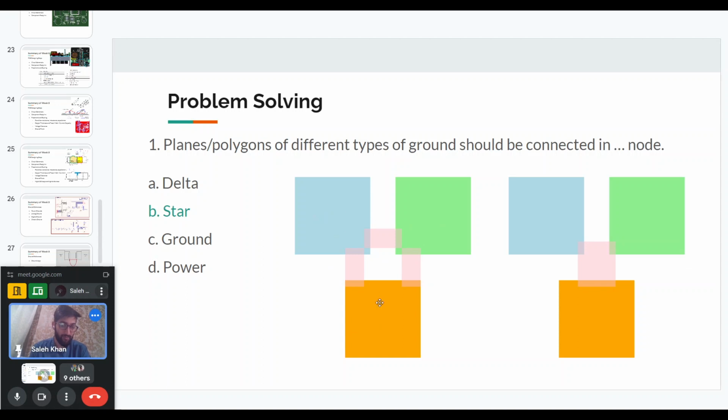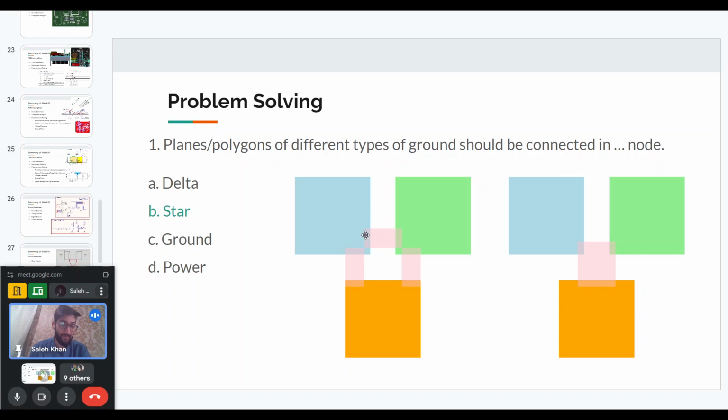That the potential in the three grounds may be different. It may also lead to ground loops that we saw. For example, if we see from the blue to the yellow, one connection is direct and another connection is through the green plane. So that leads to a ground loop, and that may lead to some other interference.